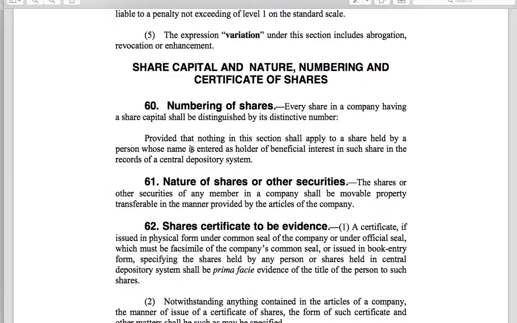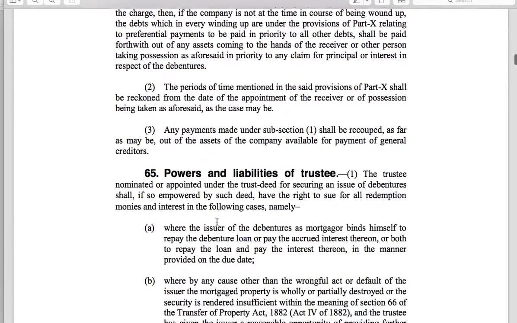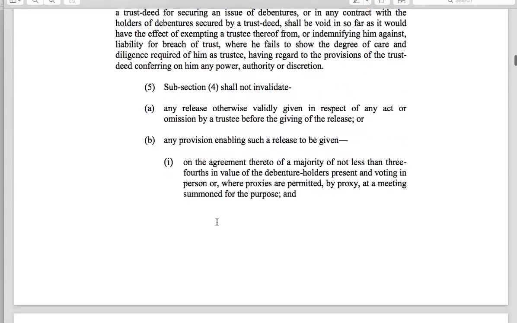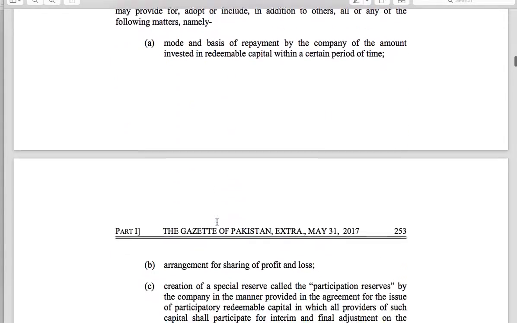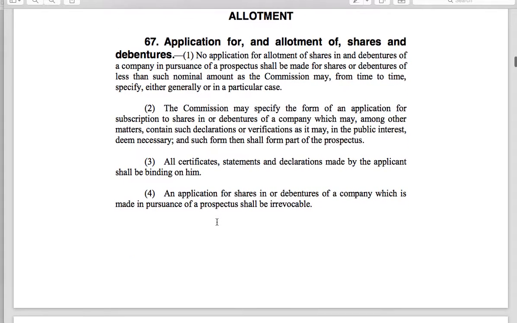Every share issued has to be in the name of a real person or a company. So this is one amendment that happened in this year, tax year 2021, and another we'll see when we come to section 123.